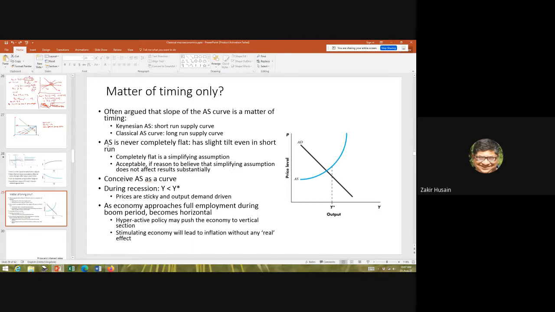Why we draw it as a completely flat slope is that, yes, there is a change in the results, but it is not substantial. The main conclusions that we had drawn in the earlier semester would still have been, by and large, the same. The difference would have been maybe just 1% or even less. So the assumption of a perfectly horizontal supply curve helps us to understand the results.